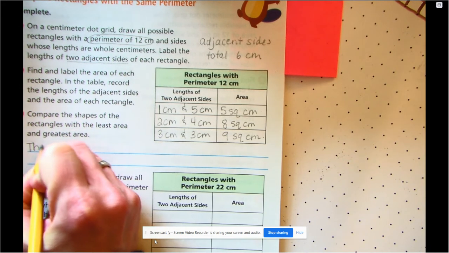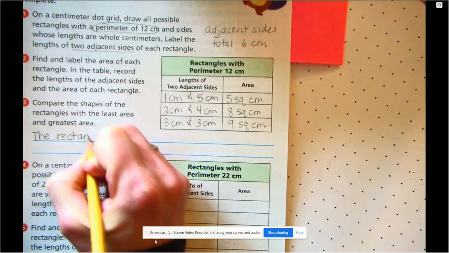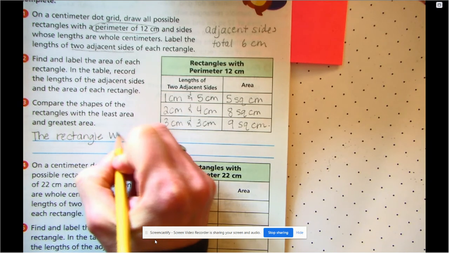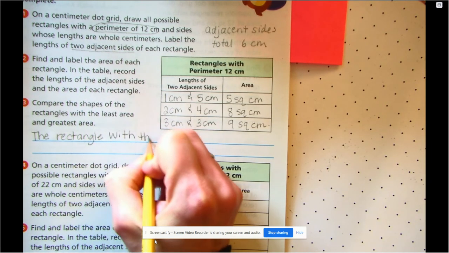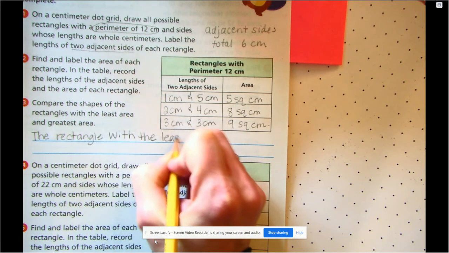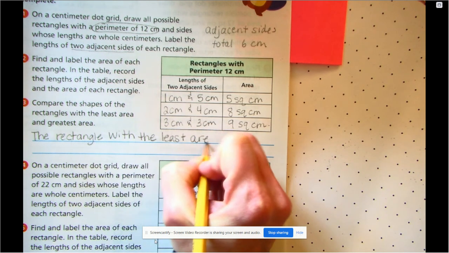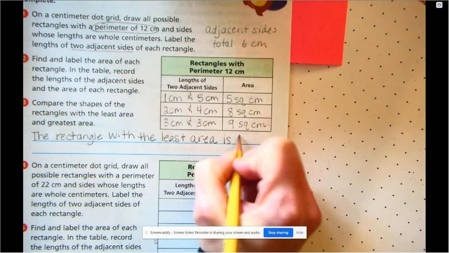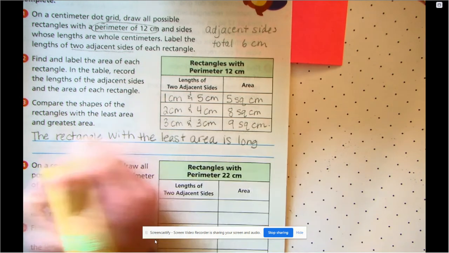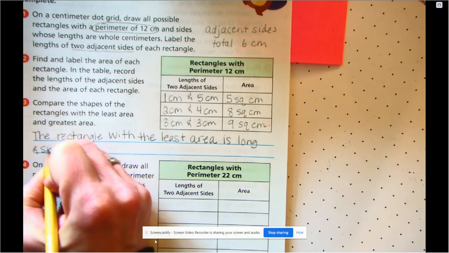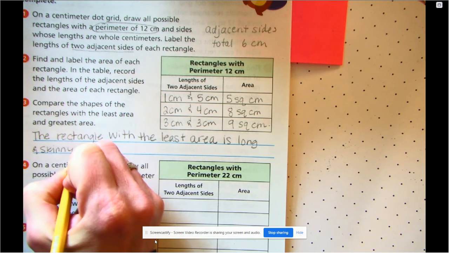Okay, the rectangle with the least area, least being smallest, is long and skinny. Right?